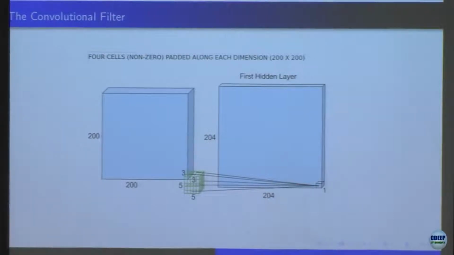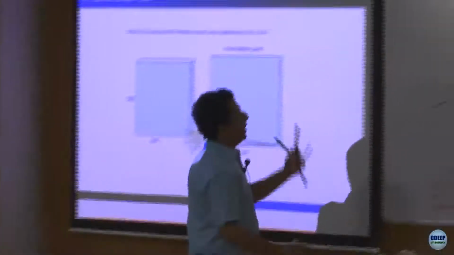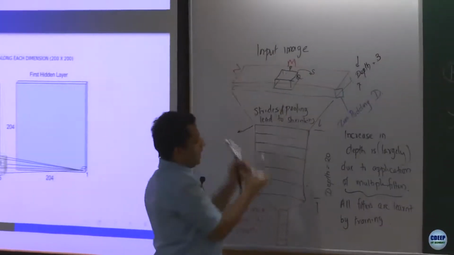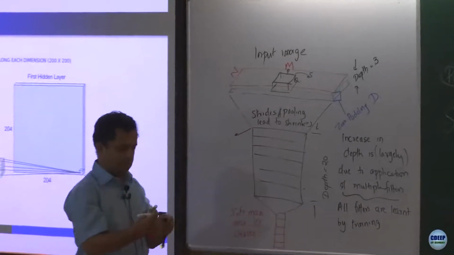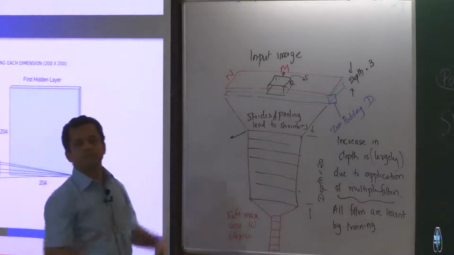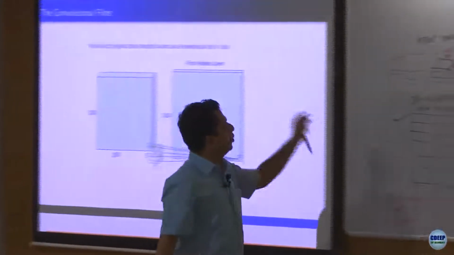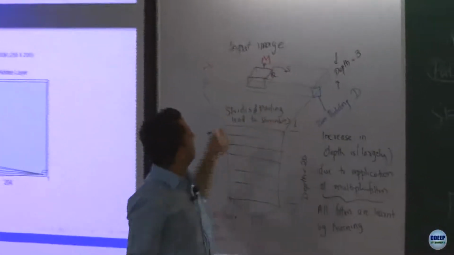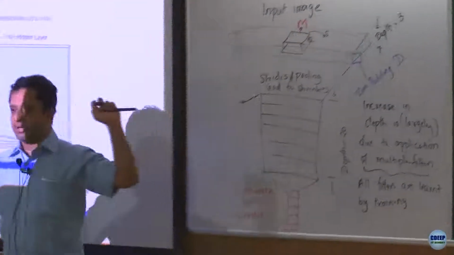What is the resultant size here? What is the dimension here? So we can basically move this by how many units? There is a D here, there is a D here. So M plus 2D, N plus 2D, right?